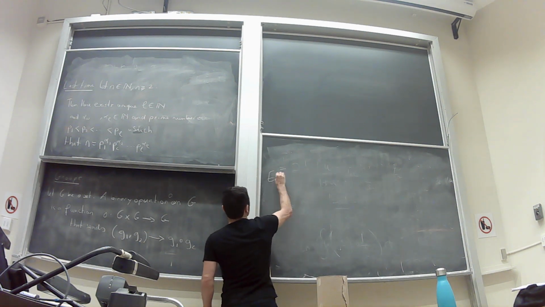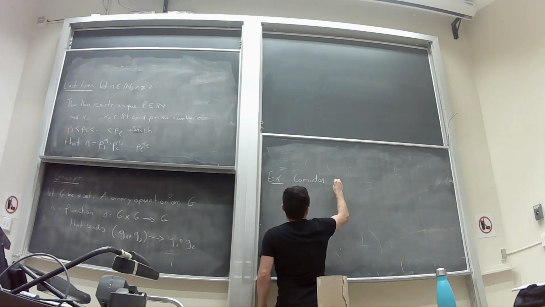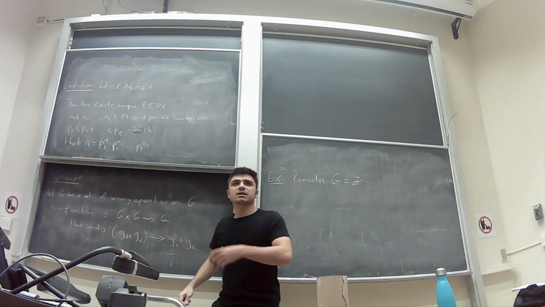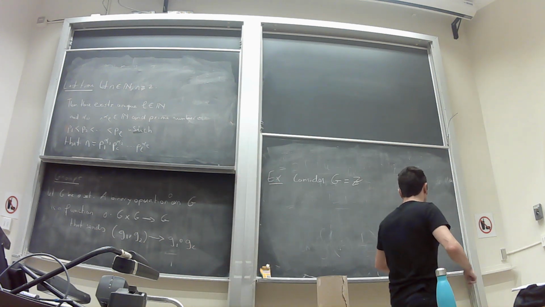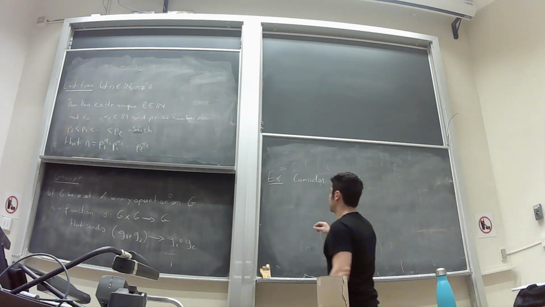Let's give an example. Consider G equals Z. What's a binary operation on integers? What can you do with two integers? Add them. Plus is a binary operation.